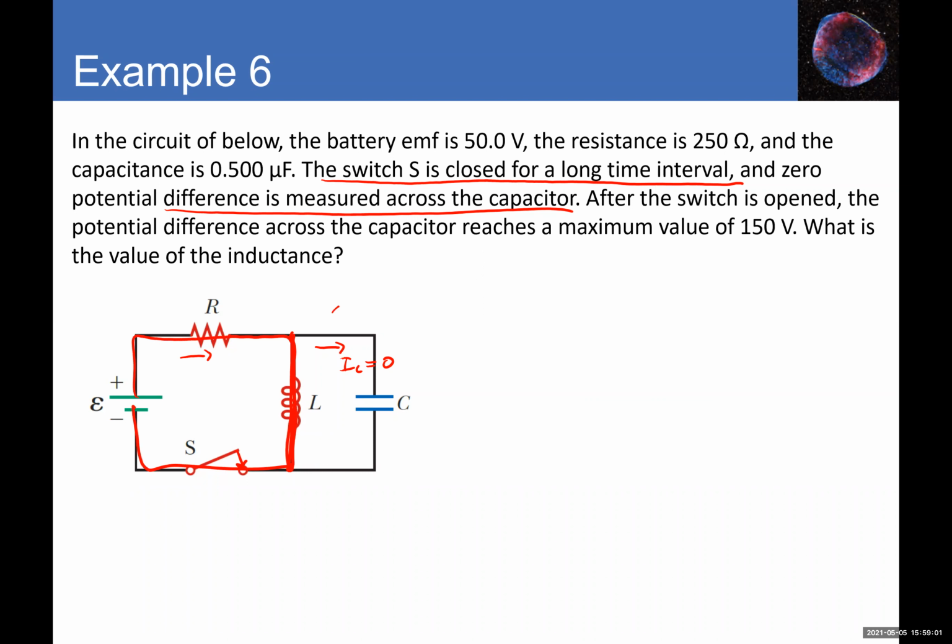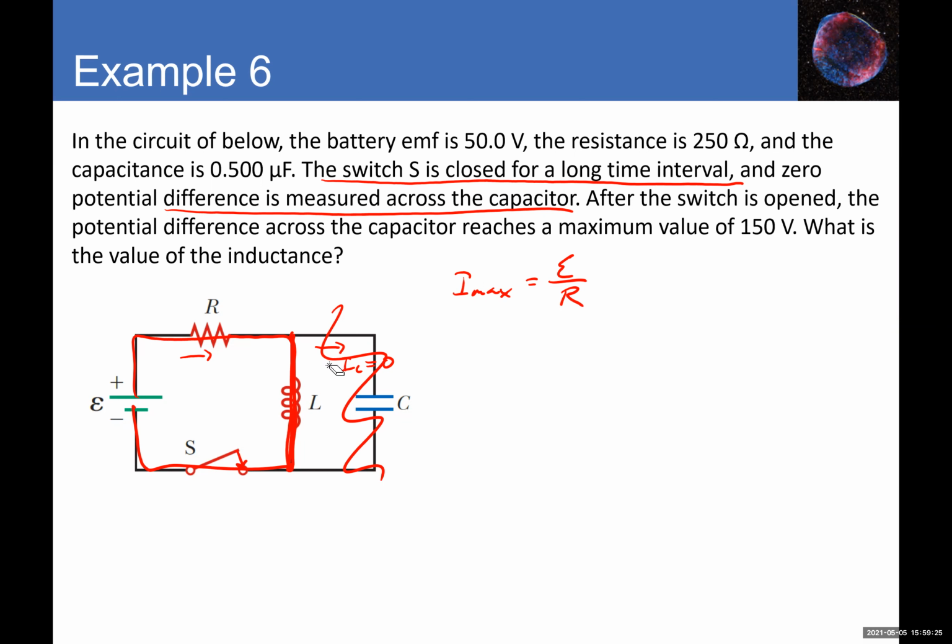So I can completely ignore the coil, which just acts like a wire, and assume that the maximum current is just equal to the EMF over the resistance. Now, this is before we open the switch.